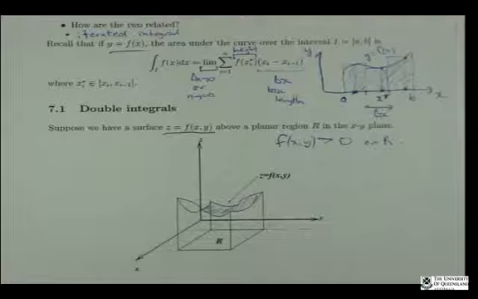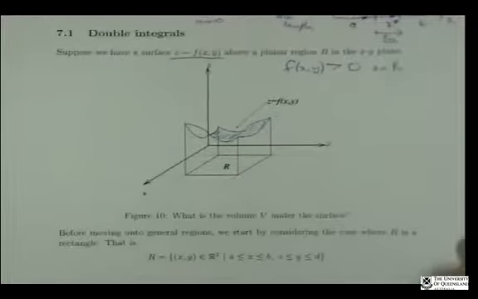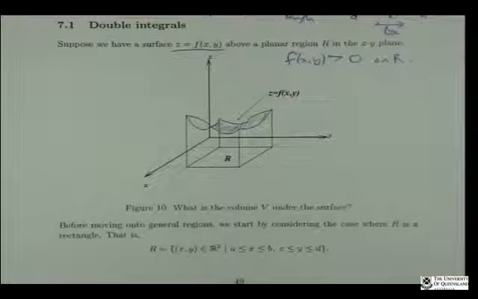Answering that question is crucial to understanding the definition of the double integral. While later on in the course we'll move on to more abstract definitions, when I first introduce the concept, that's what we're thinking about: volume below the surface and above a rectangle in the xy plane.